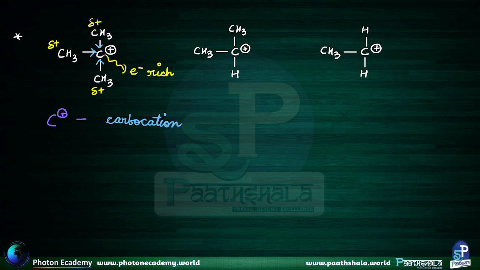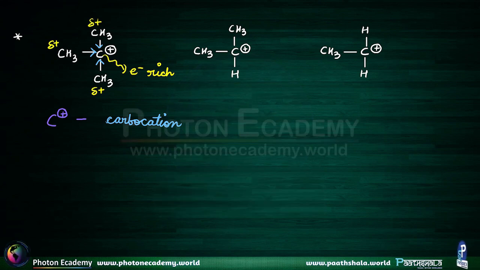So they're making it more stable. Being electron rich will lead to a balancing of the positive charge that was already present because of the loss of the alkyl group.